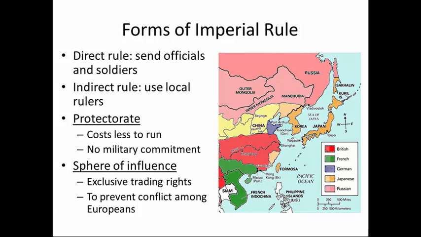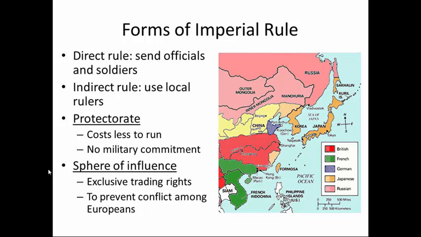Our best example of this is going to be Egypt and Britain. So a protectorate, the reasons you would do that, it costs less to run because you're not actually changing the administration of it at all. And there's also no military commitment. So that's mostly economic issues, that you don't have to pay soldiers to be there, and you're not having to build government offices and things like that.